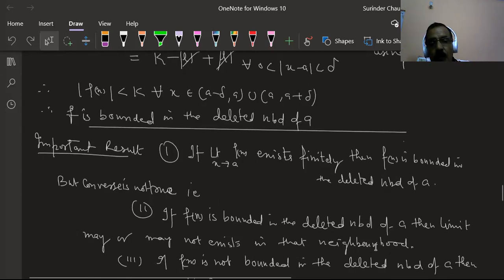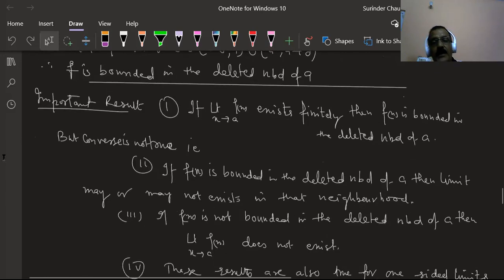If the limit of a function at a point exists, it implies the function is bounded in the deleted neighborhood of a. Bounded means if you take values from that deleted neighborhood of a, the function will have a maximum and a minimum.